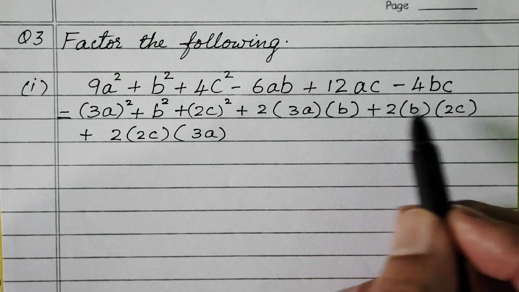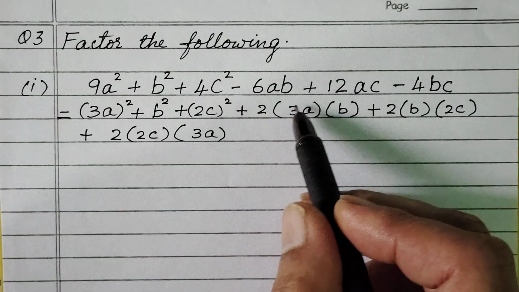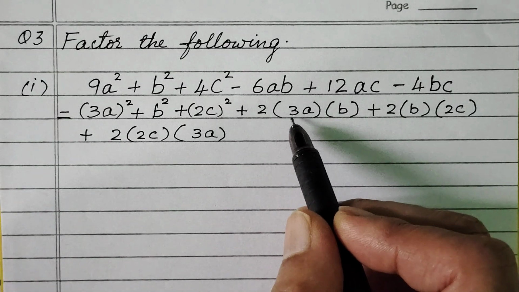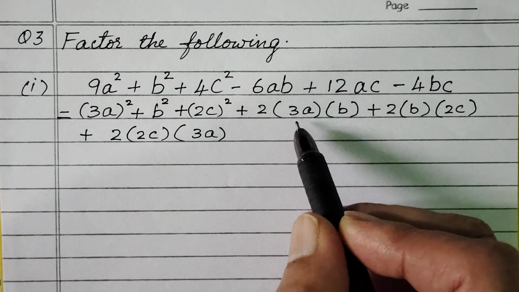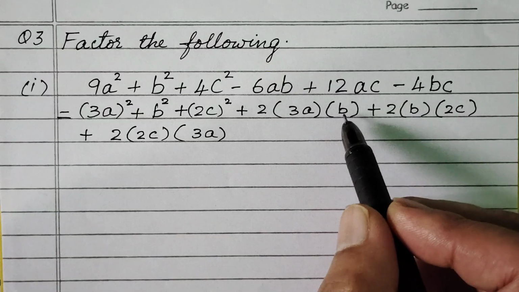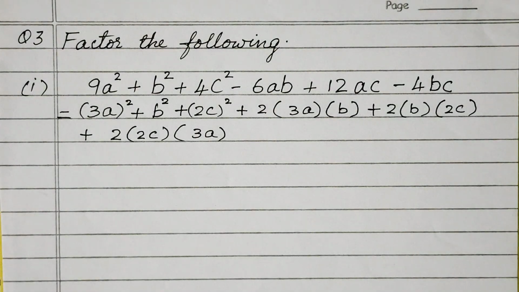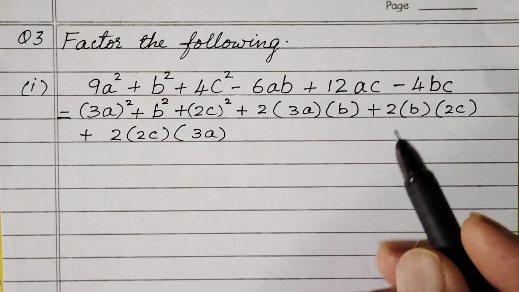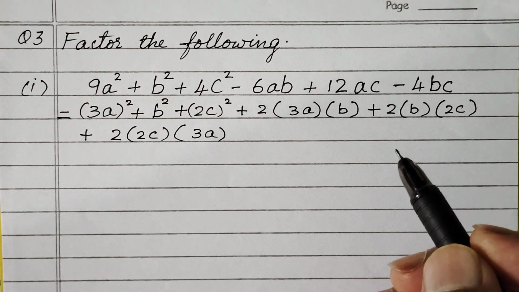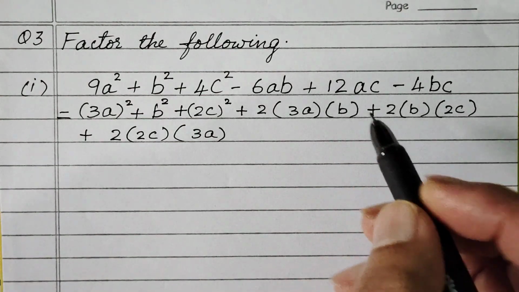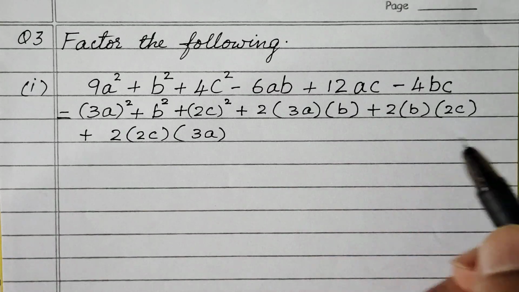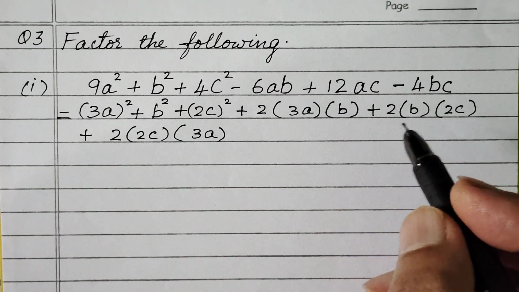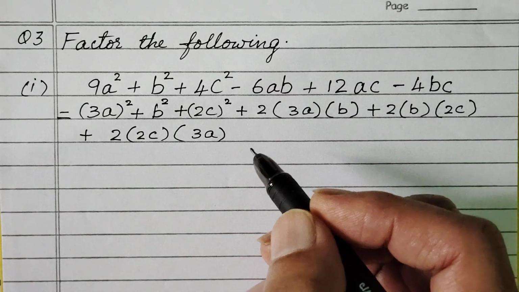Among these two terms, which one is common? 3a, b is common. In these two terms, b is common. So we have to make b as minus.